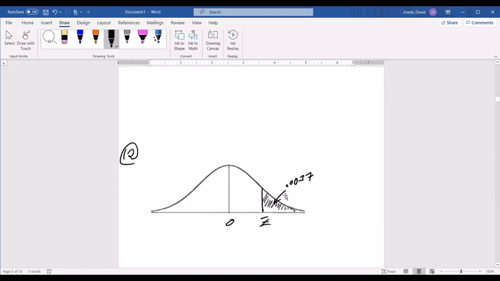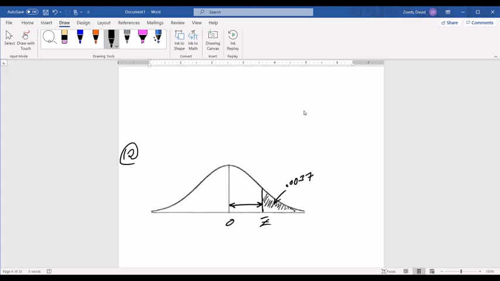Okay, so now I'm giving you a value in the tail. Well, what I need is I always need from 0 to the z-score. Well, I have this tail part, but I need this part. What I'm going to have to do is take a half minus this, because remember, everything from 0 onwards is 1/2.